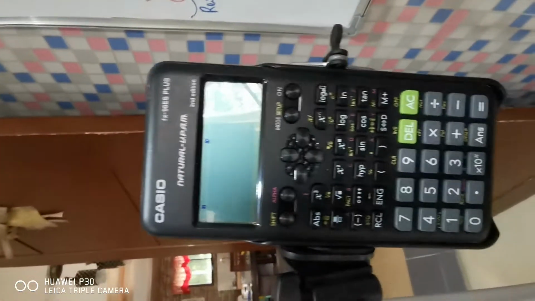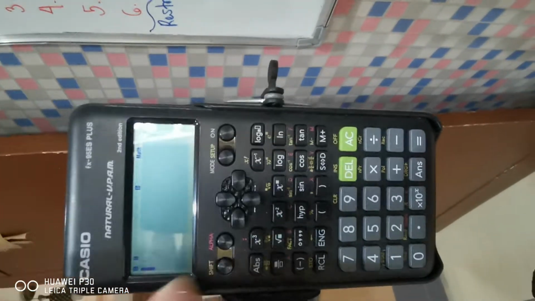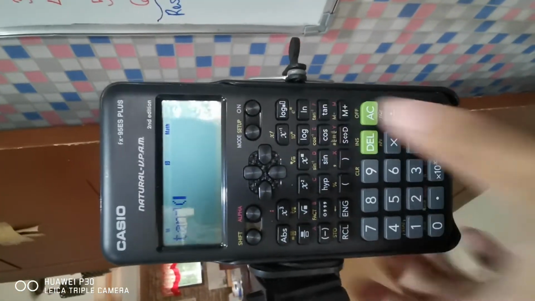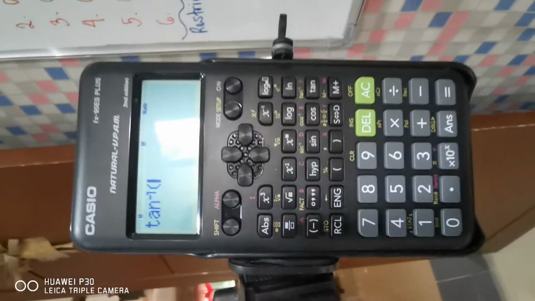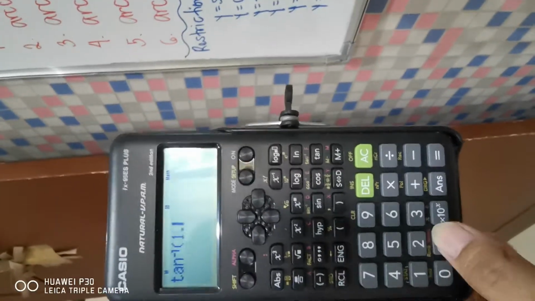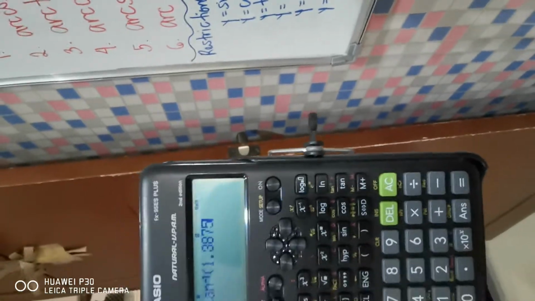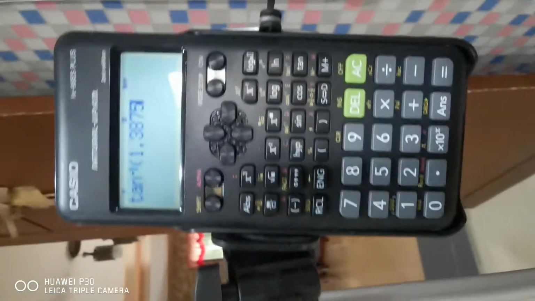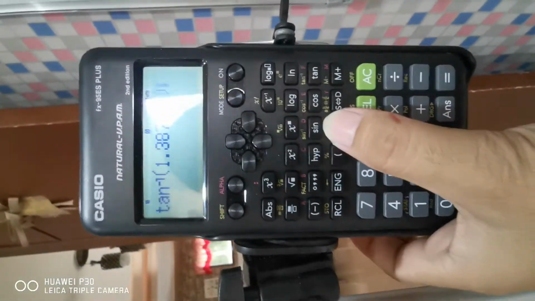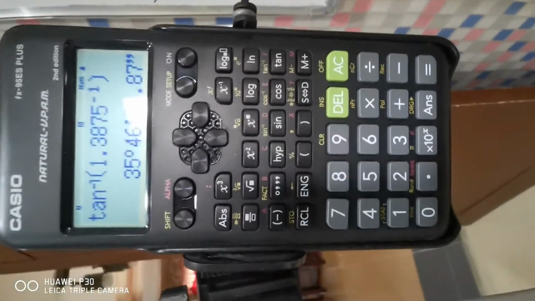All you have to do is press shift tangent, and then we have 1.3875. Before you close, press x to the negative 1, close, equals. Then press the degree. So you have 35 degrees, 46 minutes, 51.87 seconds.